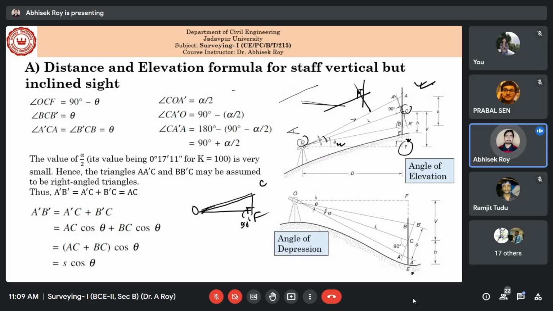So if this is 90 degree, we know this angle is theta. Theta is the angle of inclination. This angle we know as theta, right? So obviously this angle will be 90 degree minus theta.